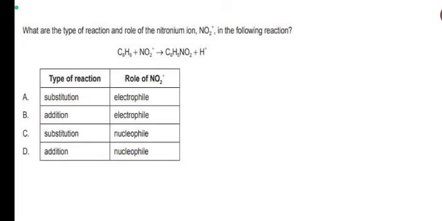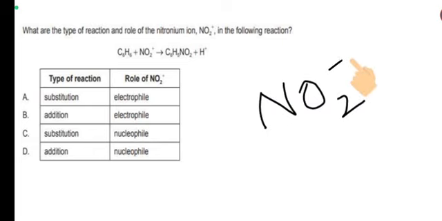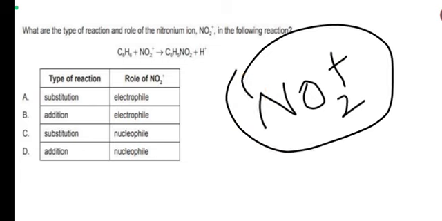So here the reaction is between benzene and NO2 plus. NO2 plus is the electrophile. You should know what is called electrophile and what you mean by nucleophile. Any species carrying positive charge is an electrophile. That is the first identification. So you can neglect option C and D. So A or B would be the correct answer.